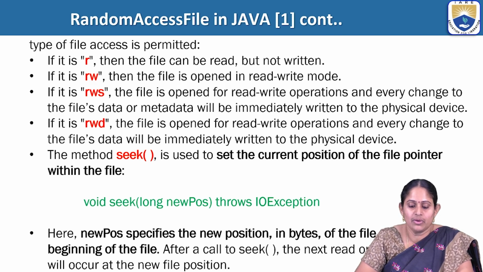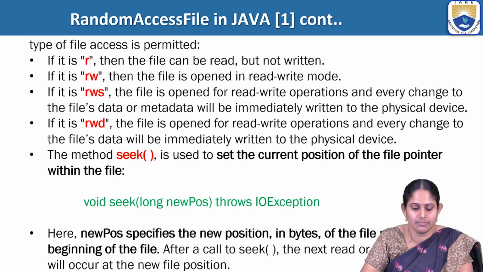If it is rws, then it is opened for read-write operations, and every change to the file's data and metadata will be immediately written into the physical device. If it is rwd, then it is opened for read-write operations, and only the change to the file data is written into the physical device immediately.